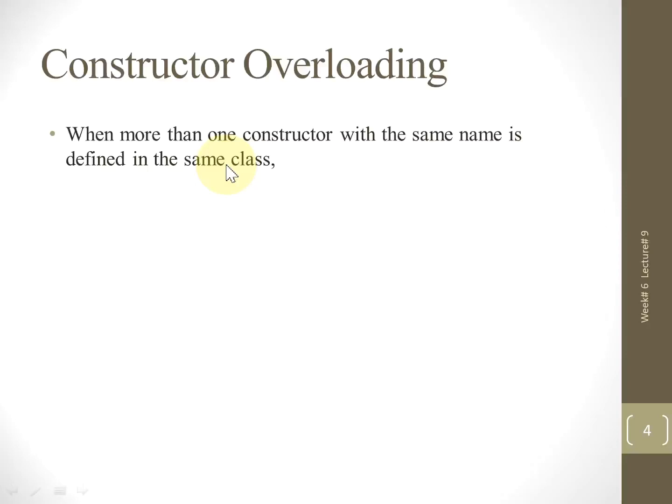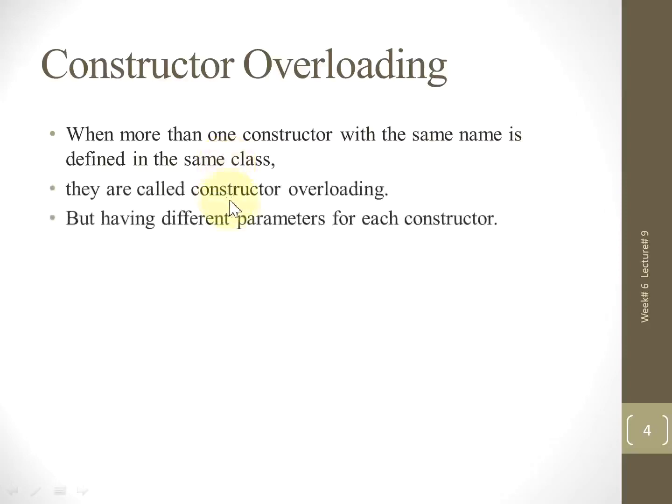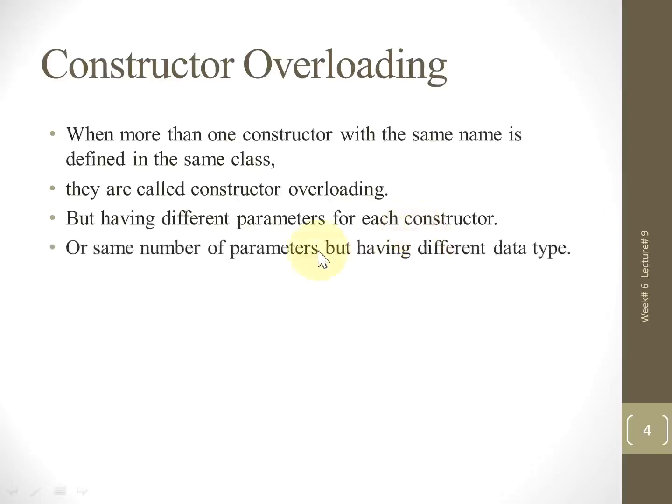But the difference is that functions have different names, whereas for constructors we have the same name as the class name but a different number of parameters or different data types of the parameters. So they are called constructor overloading, having different parameters for each constructor, as I told you, or the same number of parameters but different data types.